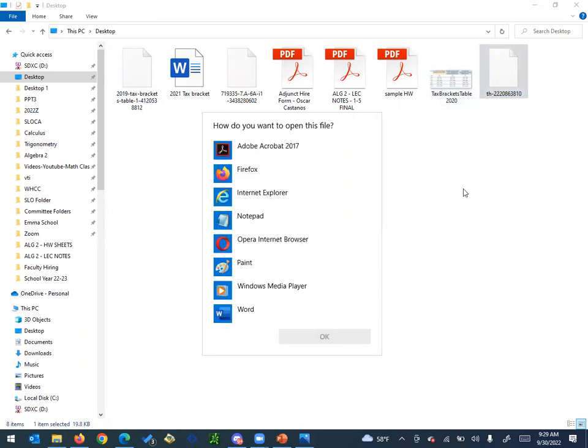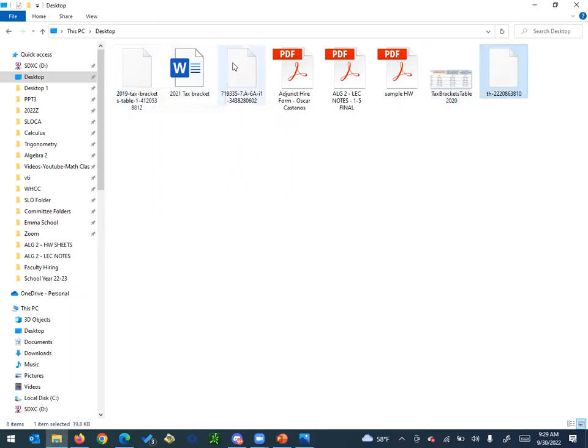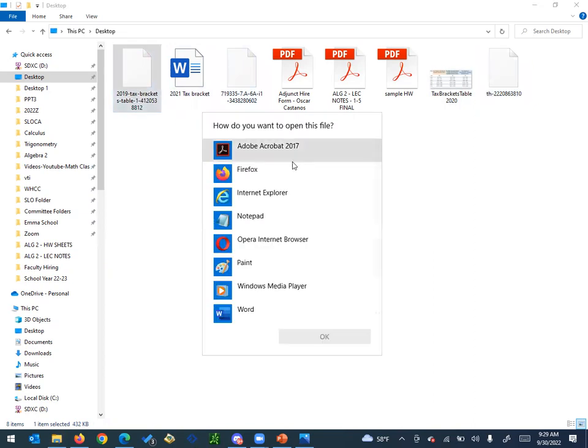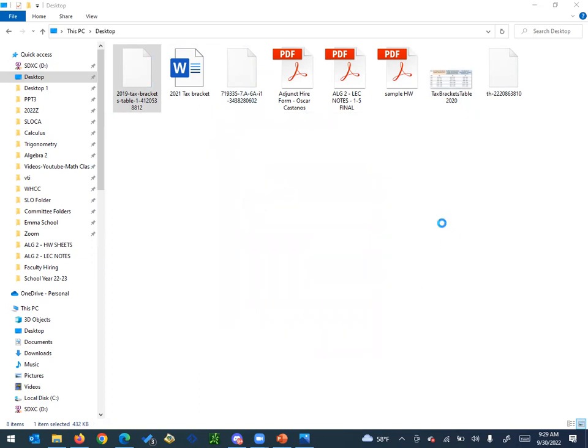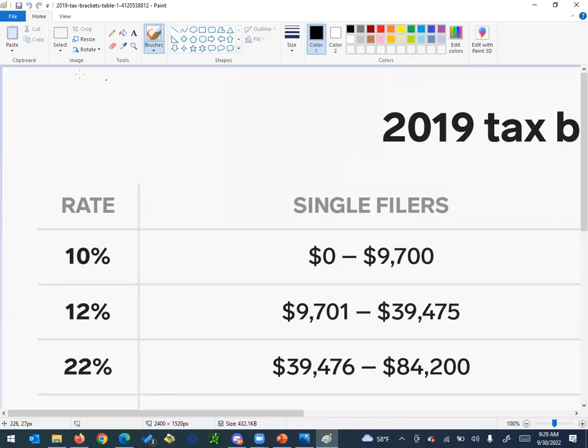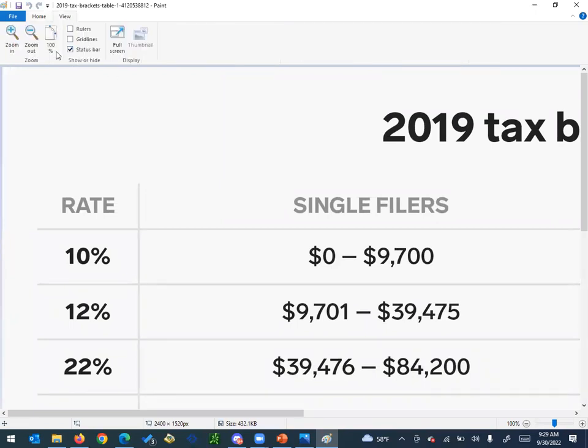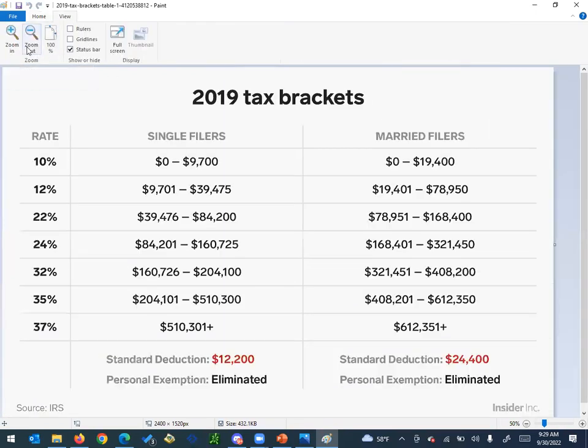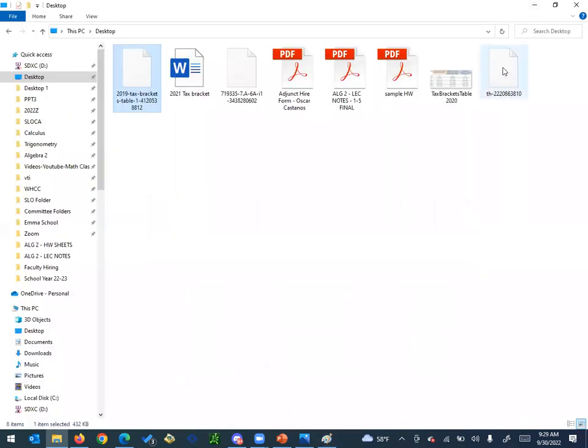Let me check this out. Why is this not pulling up? Man, that's no fun. Let's see if I can bring it up in Paint. Oh yeah, okay. That's too small. Zoom. That's not the one I want. I think it's this one here.